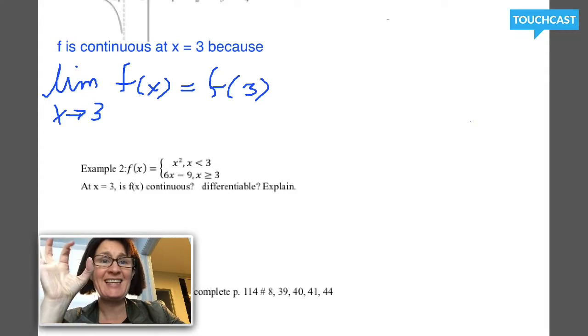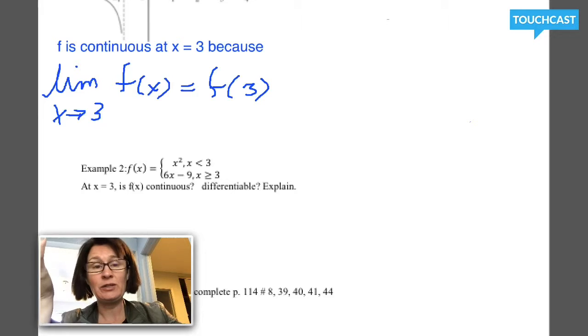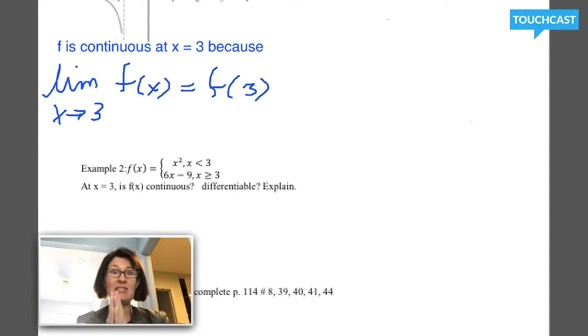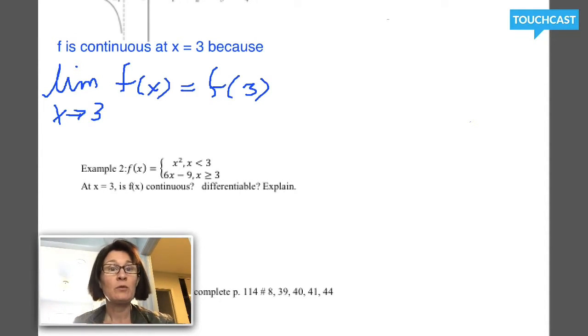So just to clarify, that's how I would justify my first answer. f is continuous at x equals 3 because the limit as x approaches 3 of f of x equals f of 3. Now that I know f is continuous there, I can start to think about whether it's differentiable there. Is f going to be differentiable at x equals 3? Well, what am I going to check?